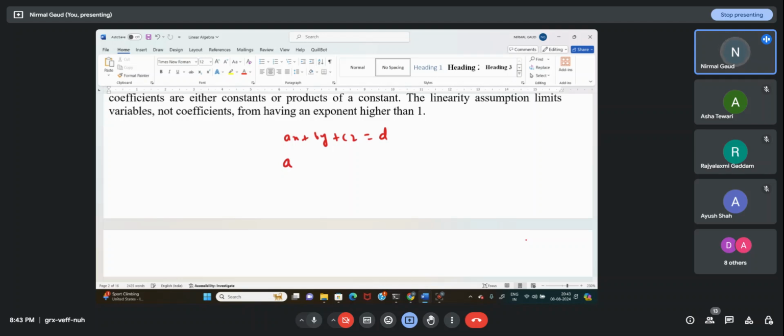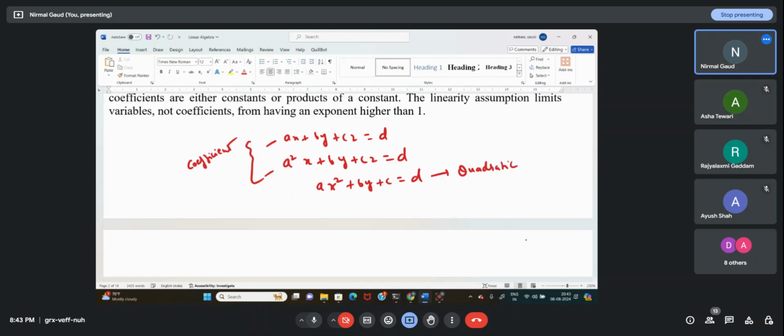If I write a square x plus by plus cz equal to d, this is also linear, because a or a square, it doesn't matter. It's still a coefficient. So it's a linear equation. However, things will change if I say ax square. If the variable degree is higher, then this is a quadratic equation. This is quadratic.